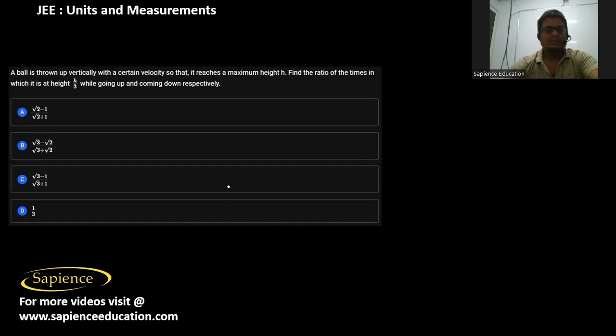Then here it is told a ball is thrown up vertically with a certain velocity u so that it reaches a maximum height h.